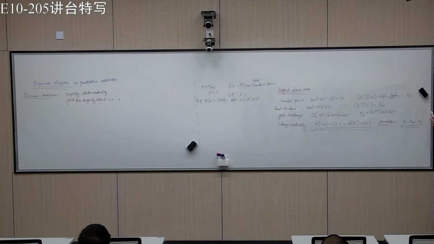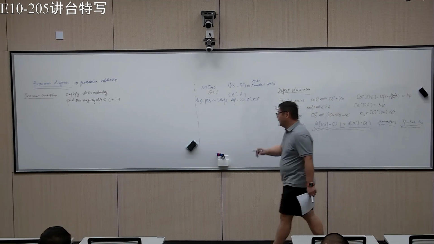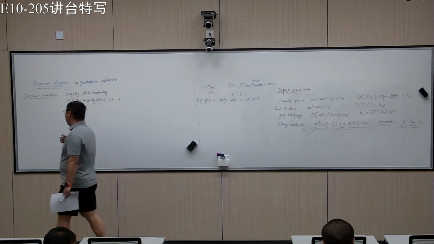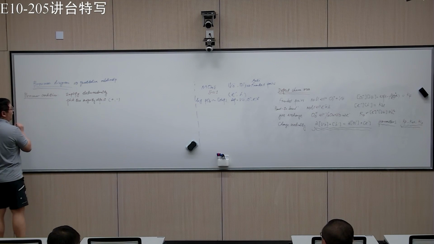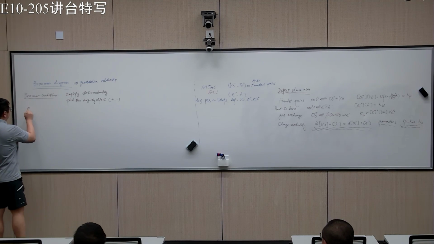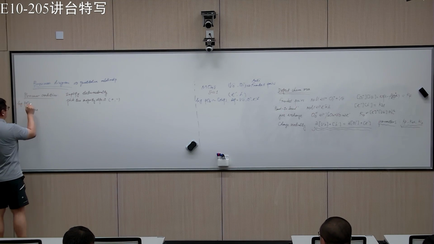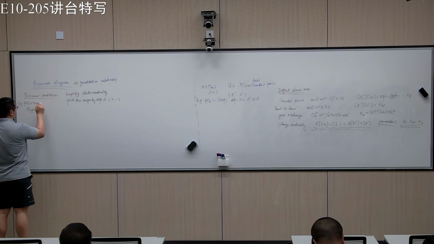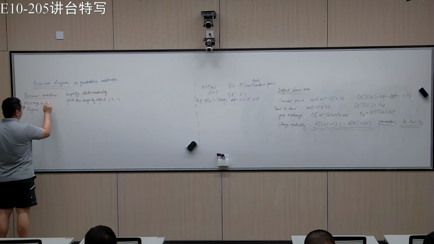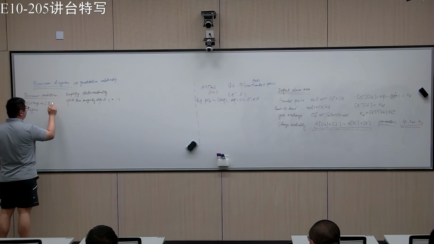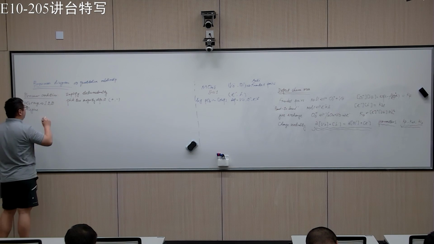Let's see how we actually do it. Let's say we divide the log PO2 range into three regimes, 1, 2, 3.